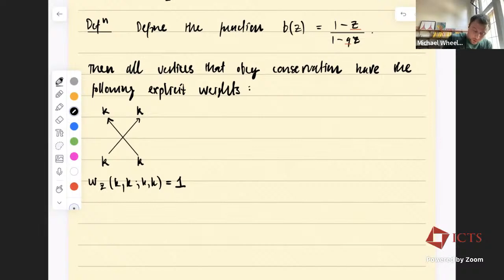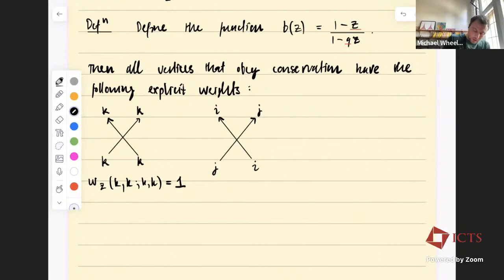And then there are two more interesting cases, which are these. So let's suppose I have a color i coming in here and a color j there. And likewise, color i going out here and color j going out there.